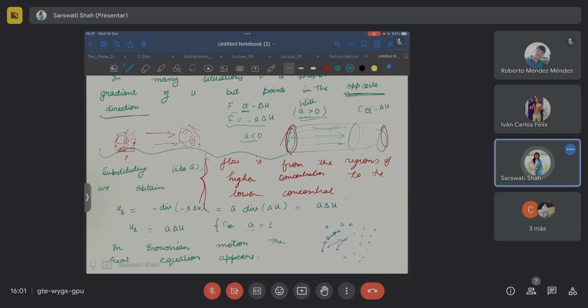So basically what is happening in the Brownian motion is a random movement of the particles, and how they behave. One particle collides with the other particle and it transfers its energy to the other particle.